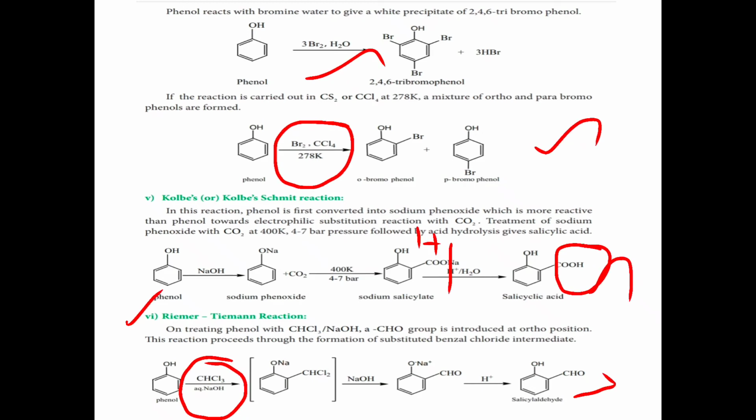Here is CHCl2, which is unstable, followed by NaOH, ONa is added, and salicylaldehyde is prepared. ONa, CHCl2 is changed into CHO. After that, the OH group is regenerated. Both are very, very important reactions.